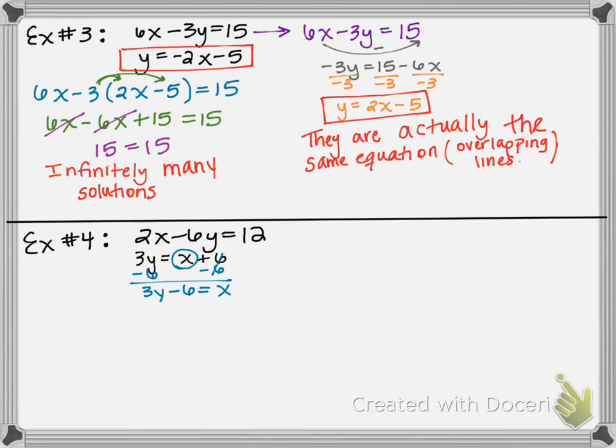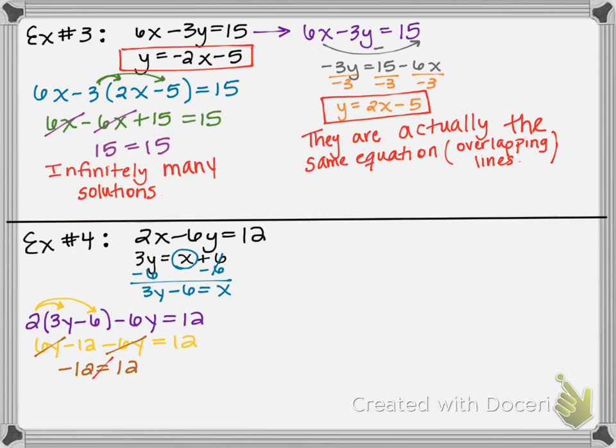I'm now going to take what x is equal to, the 3y minus 6, and substitute it for x in the first equation. Once I distribute the 2, I get 6y minus 12 minus 6y equals 12. Once again, 6y minus 6y, they cancel one another out, and I'm only left with negative 12 equals 12.